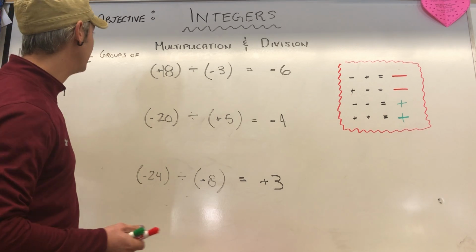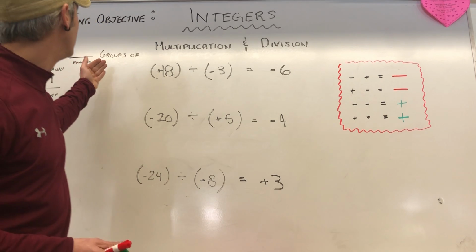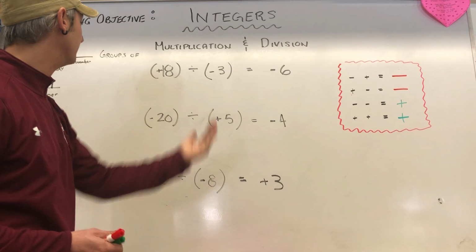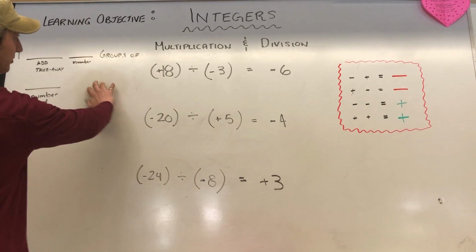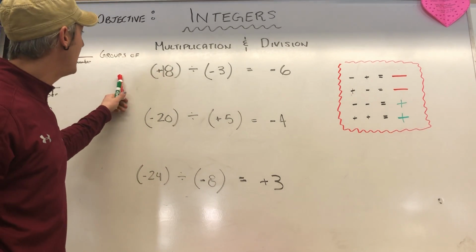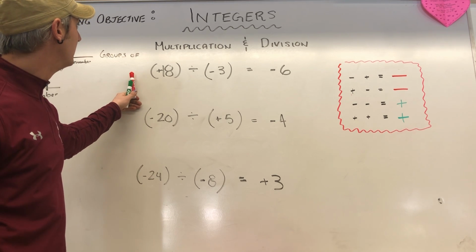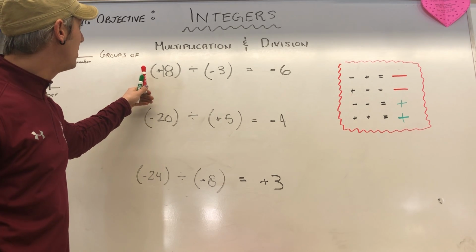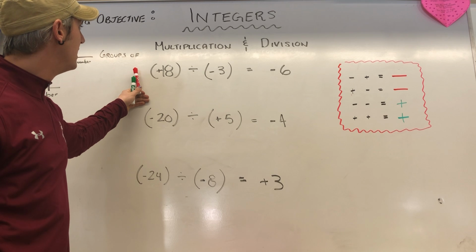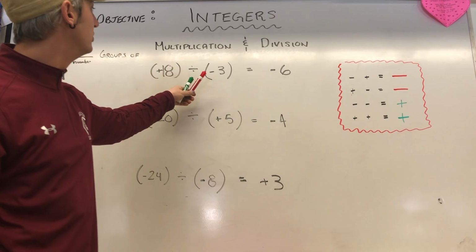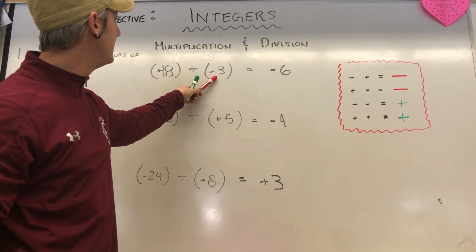So I'm just going to read this again as a sentence. I'm going to have to change my sentence a little bit for division. But here I am taking positive 18 and dividing it into groups of negative 3.